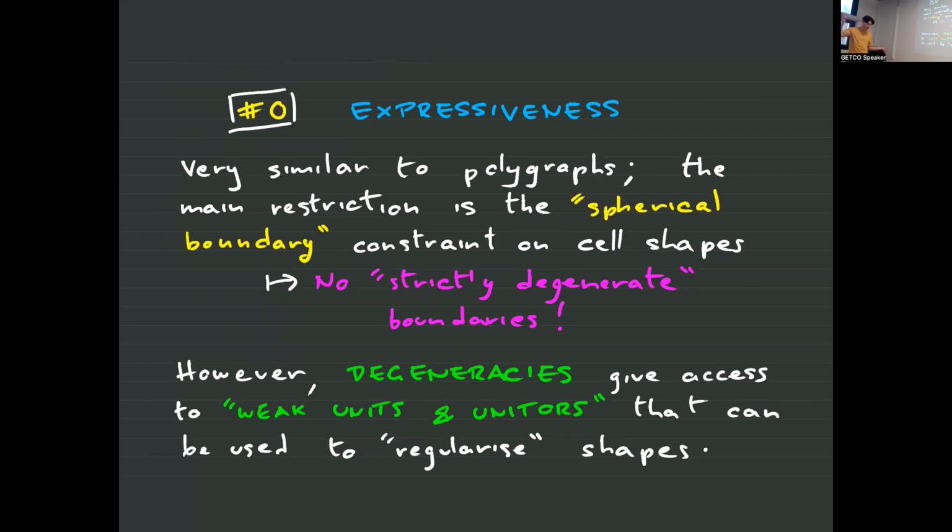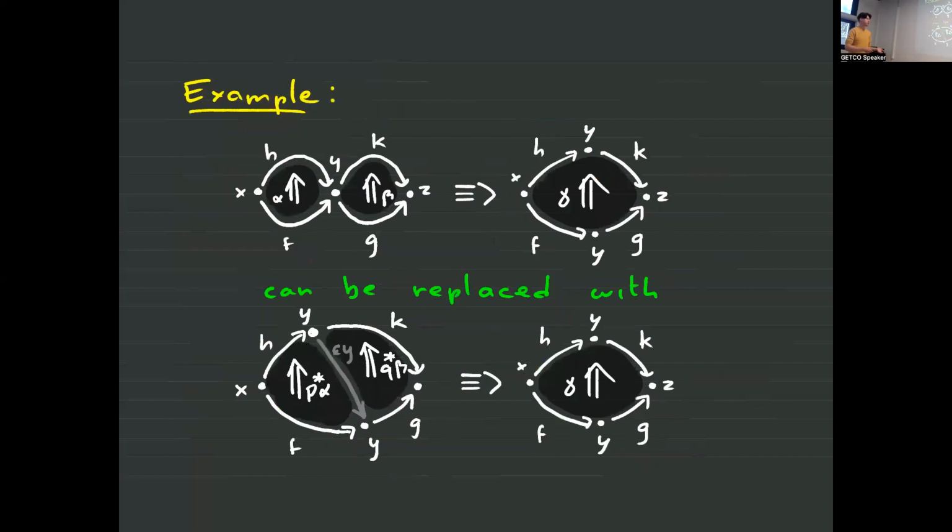However, you have this system of surjective maps, these degeneracy collapses or whatever you want to call them, inside the shape category, and that gives you access to a way of getting weak units and weak unit laws inside this theory, and these can be used to pad diagrams in a way that then allows you to rewrite them.